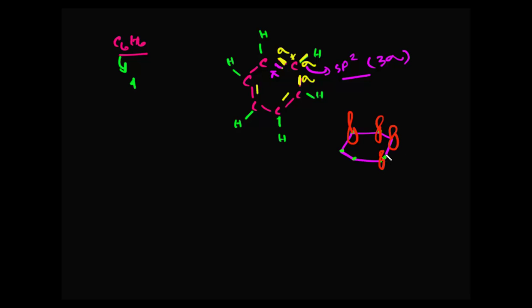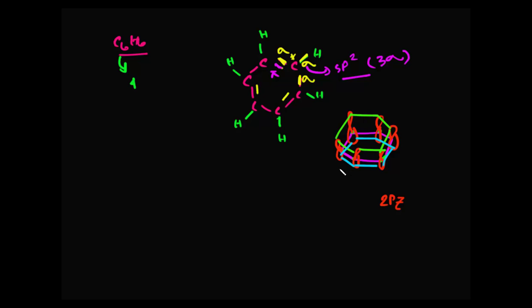Each carbon has an unhybridized p orbital, and it is the 2pz orbital, we know. So the three-dimensional structure will look like this. So these unhybridized p orbitals will form the structure of benzene. Okay, so this is the structure of benzene.